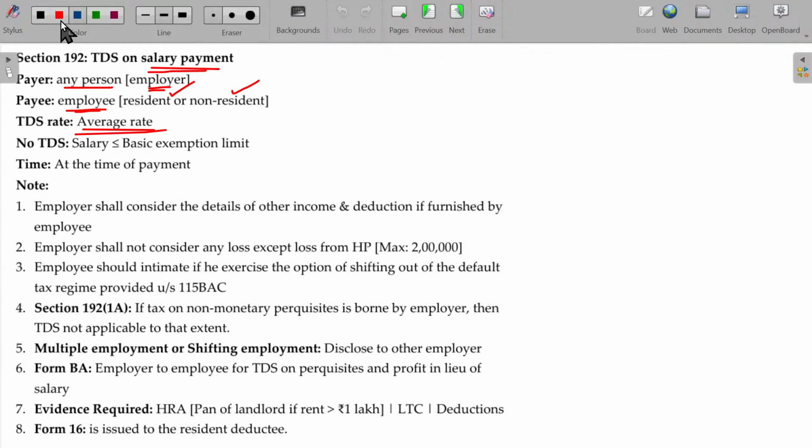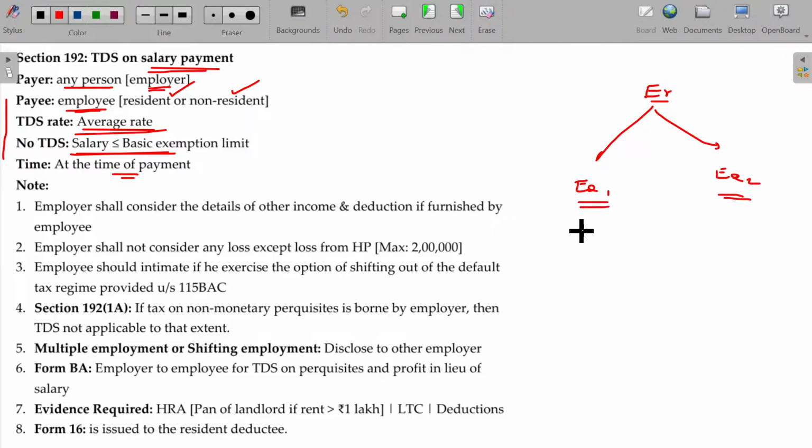When is it not applicable? If the salary income is less than or equal to the basic exemption limit, TDS is not applicable. When to pay? At the time of payment. These are the major provisions you have to understand. Okay. Employer, employee 1, employee 2.